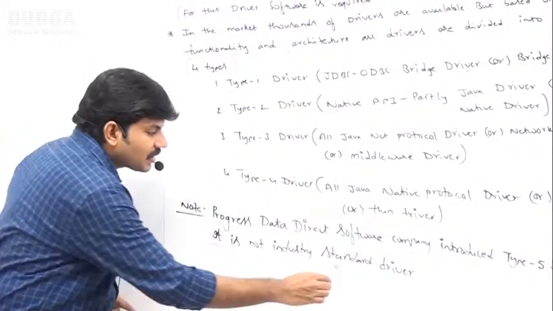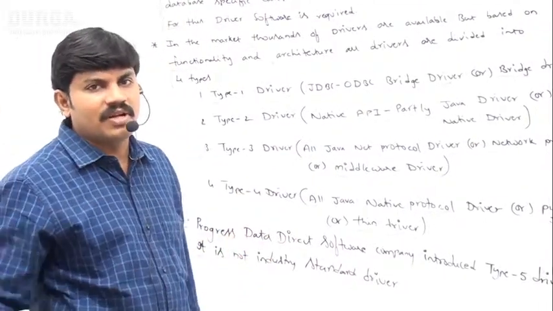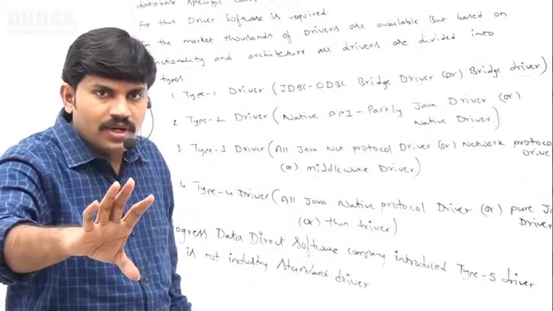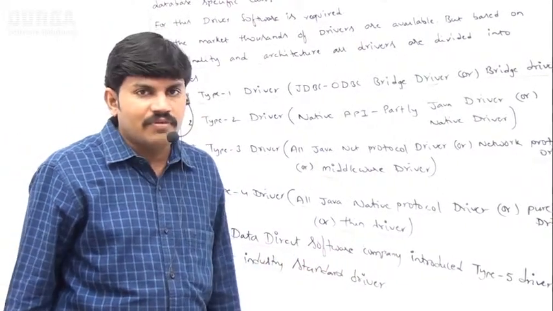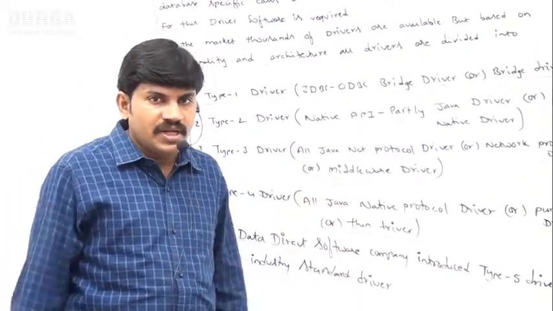It is not an industry standard driver. It's from a third party software company, but the industry standard drivers are 4 only. They introduced type 5, but the industry has not yet recognized it as a JDBC standard driver.